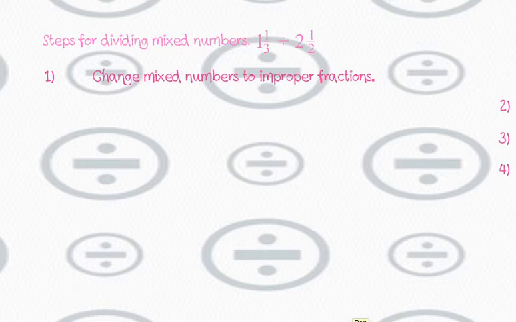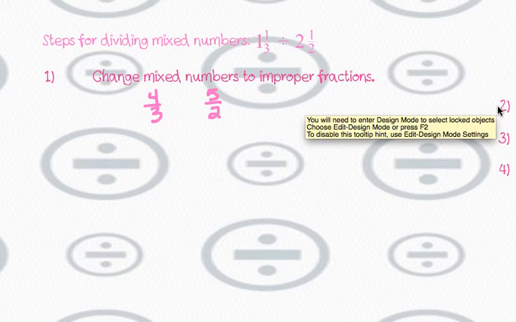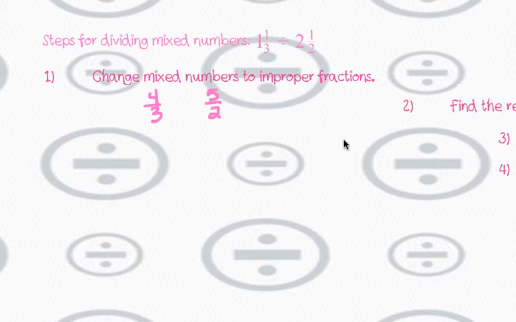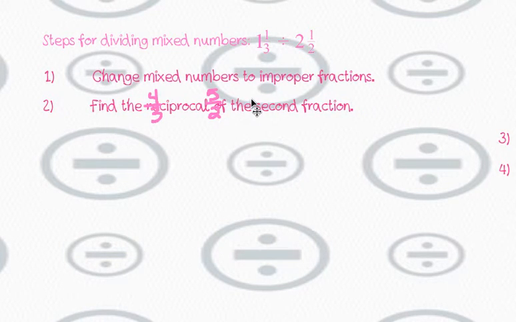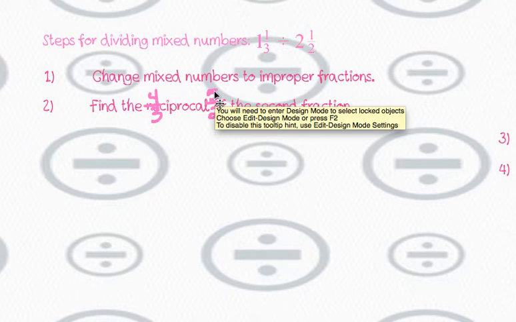So in this case, we have 1 1/3, which we know turns into 4/3. And we have 2 1/2, which we know turns into 5/2. So now my second step is actually going to be to find the reciprocal of the divisor yet again.